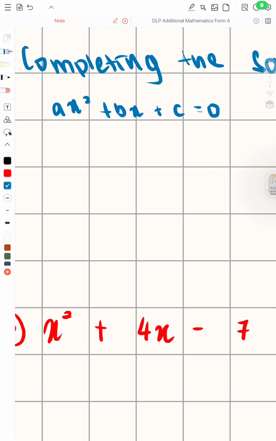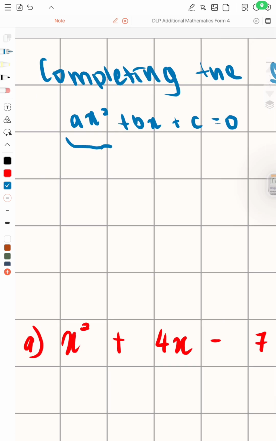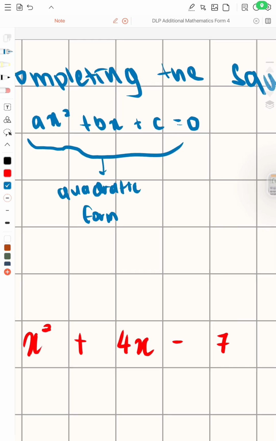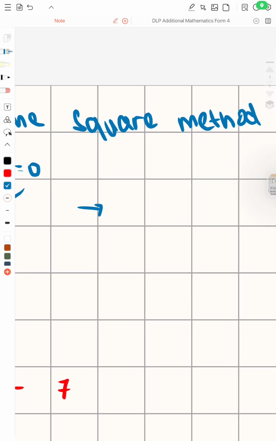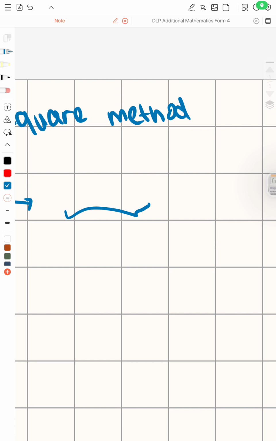But for the completing the square method, you need to change it into another form. This is the typical quadratic form, the usual form that you'll see in a quadratic equation. In completing the square method, you need to change it into vertex form.